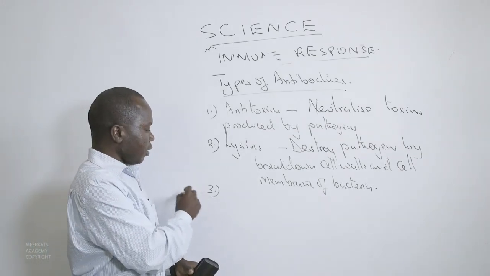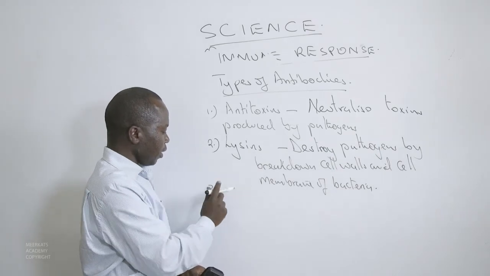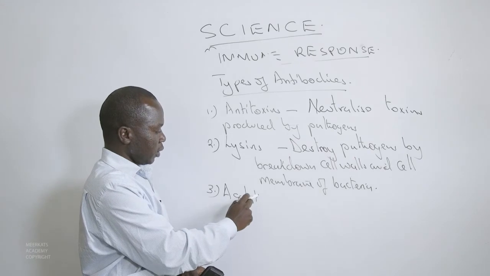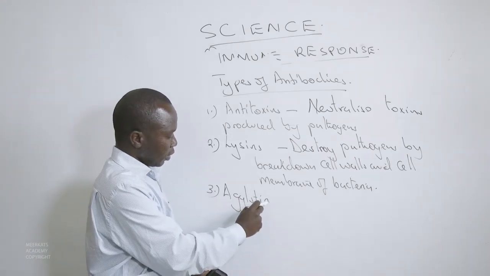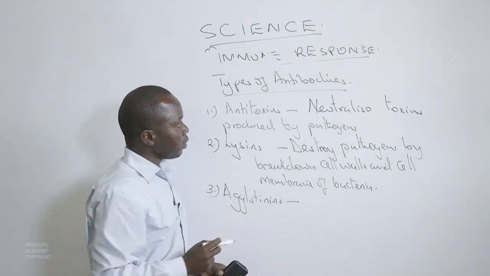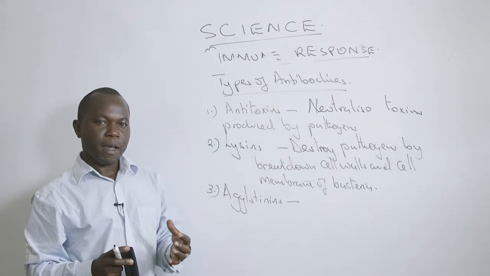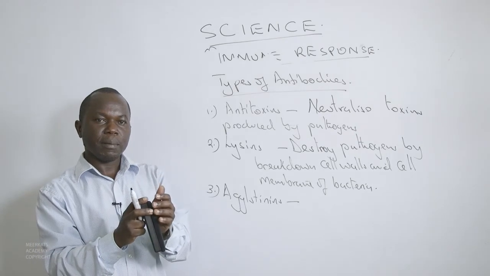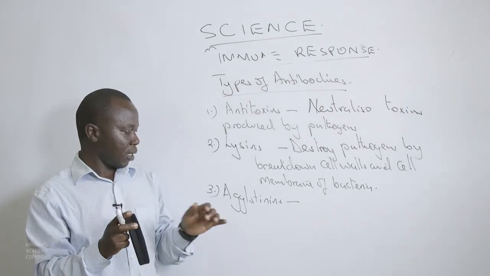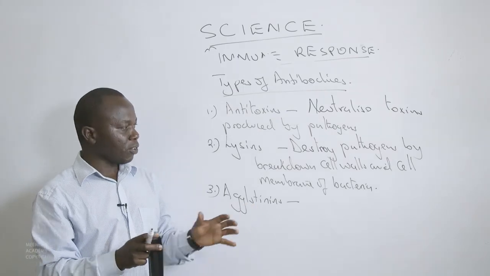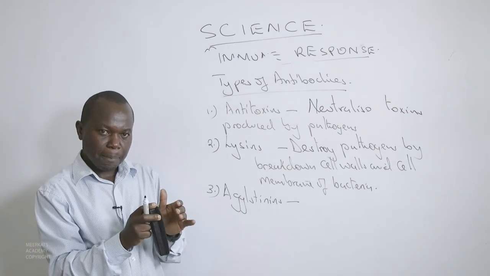And then the other one is agglutinins. This is also an antibody, from the word agglutination. Agglutination means coming together, clumping together. So agglutinins usually cause the pathogens to clump together.